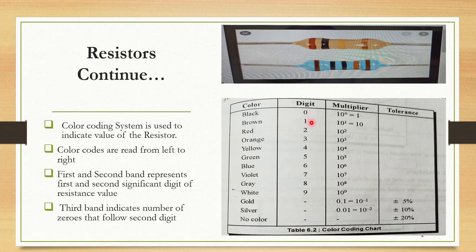The next color will tell you that, suppose the next color is yellow, so it will be 10 to the power 4 ohms. This way, the value of the resistor can be computed.